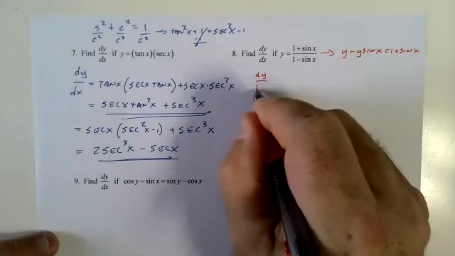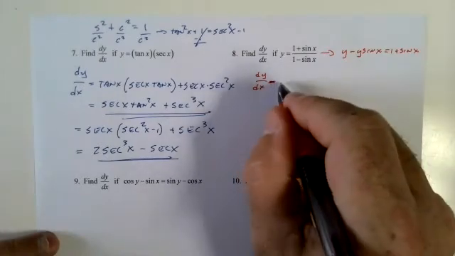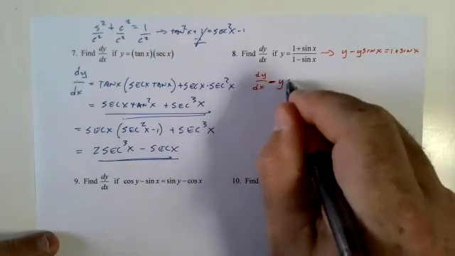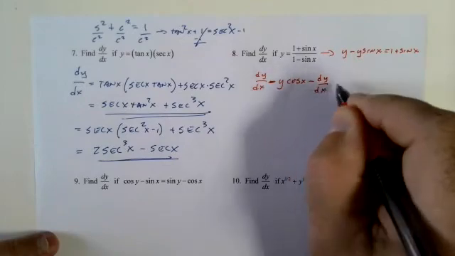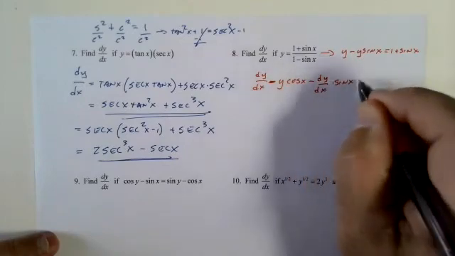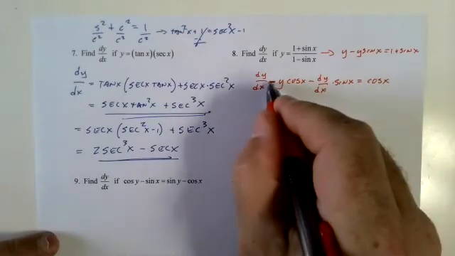dy/dx equals, leave it, no, minus, leave it, cosine x minus derivative, sine x equals cosine x. I feel like I made a mistake in there, but I'm just going to run with it.